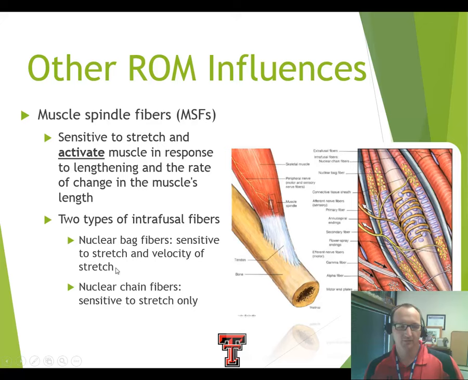They don't necessarily check up on the rate of loading. Lots of times when we talk about rate of loading, we're more concerned with the GTOs. But just bear in mind that the muscle spindle is sensitive to both the amount of elongation, amount of change, and the rate at which that happens.